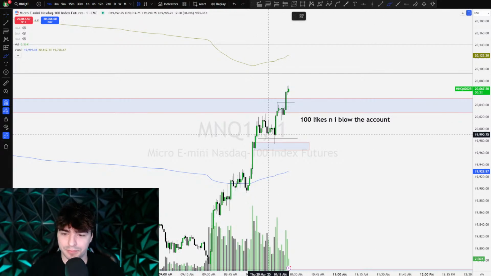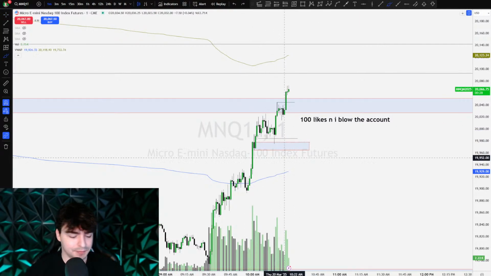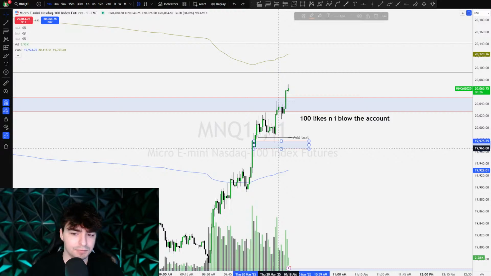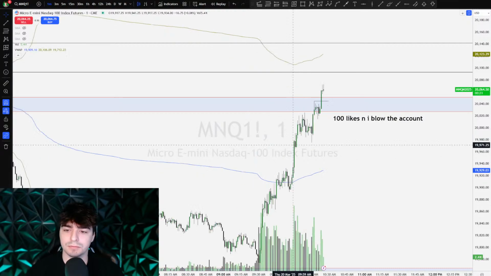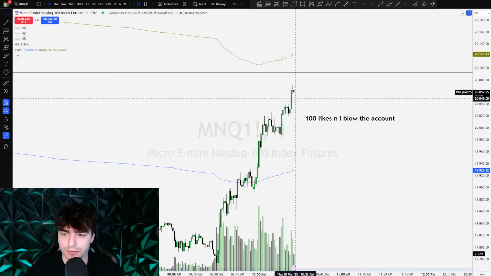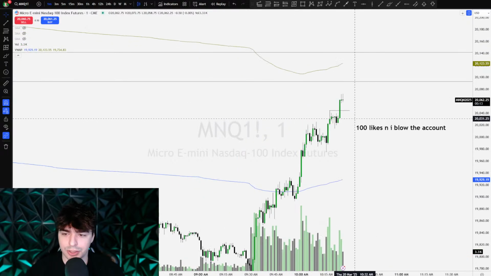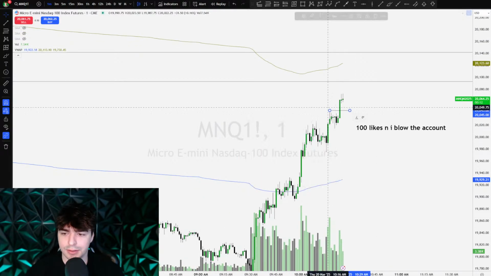I feel bad for the shorts that got trapped here. Well, this level is not even really relevant anymore. Now we're starting to see a little bit of some rejection here.